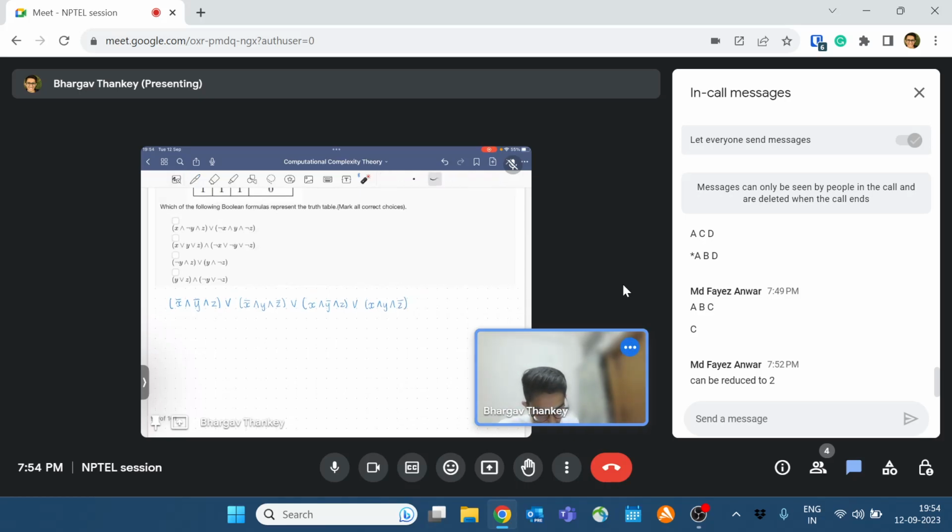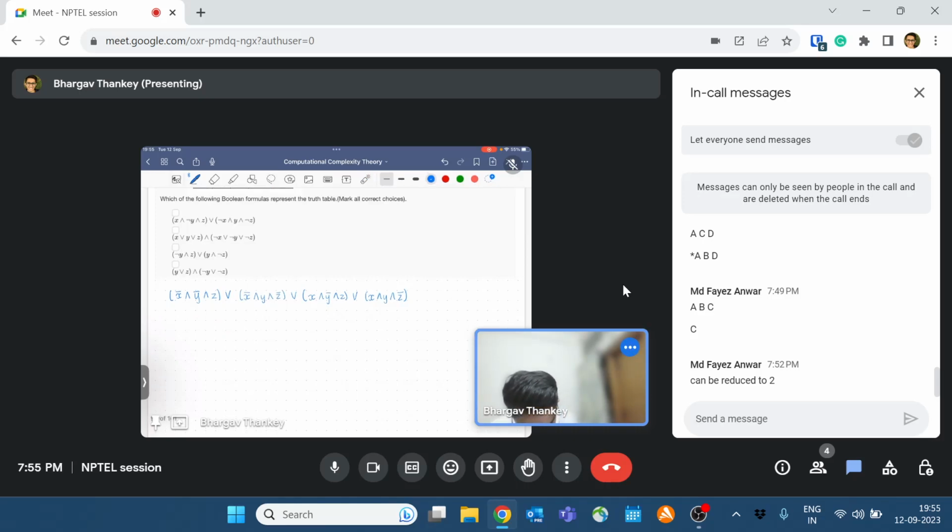Now what we can do is observe that over here and here y complement and z are the same. So from these two we can take y complement and z common.